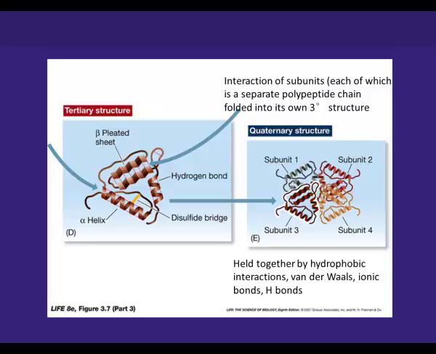A subunit is a unique polypeptide, and in the quaternary structure they come together and form the larger structure of the protein. If you look at this diagram, you can see subunit 1, 2, 3, and 4. Each of these is a separate polypeptide with its own three-dimensional structure. And these are held together by some of the same kinds of bonds we saw involved in shaping the tertiary structure.